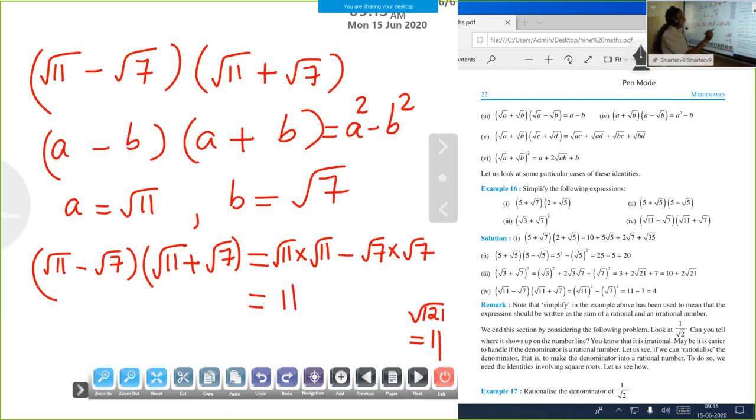So we write 11 minus, again √7 into √7 is √49, and the value of √49 is 7. Again, 11 minus 7 equals 4. So our answer is 4.